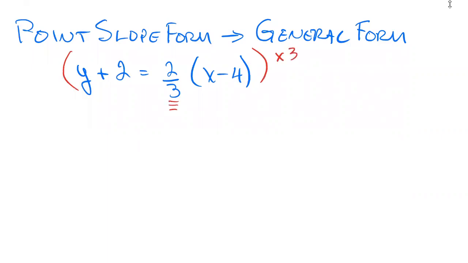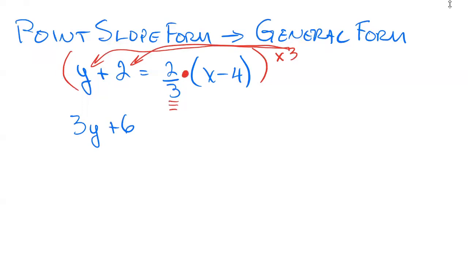And then when I do that multiplication, I'm going to go 3 times y. And I'm going to go 3 times 2. That's going to give me 3y plus 6 on the left-hand side of the equal sign. Now, the tricky thing to remember when multiplying the right-hand side of the equal sign is that there's a multiplication sign right here.